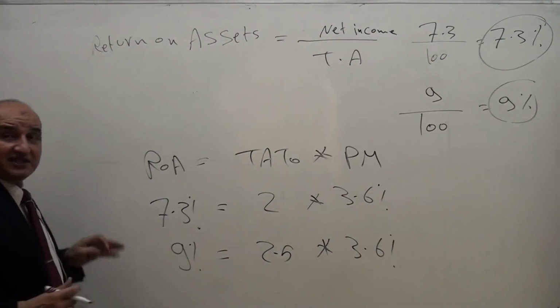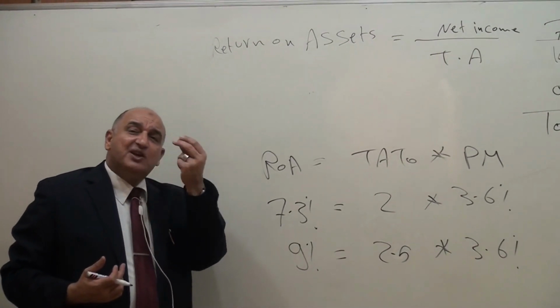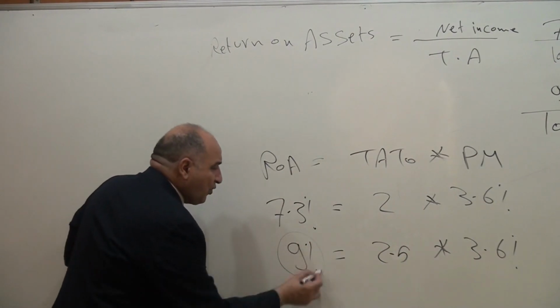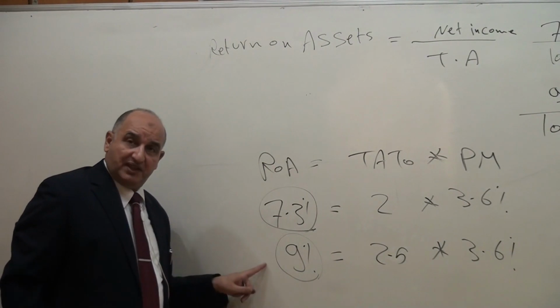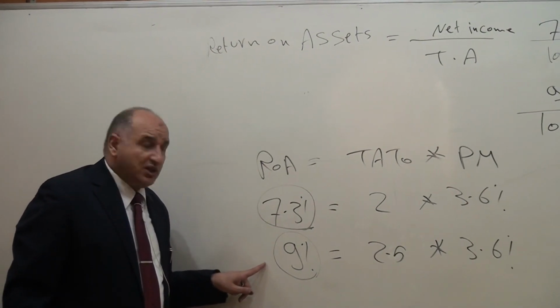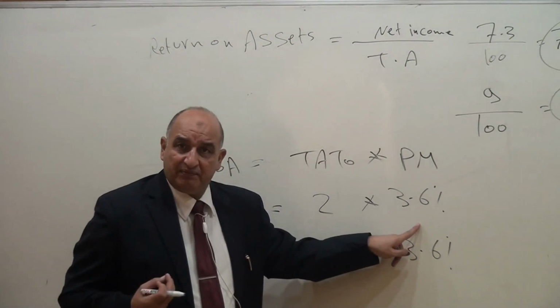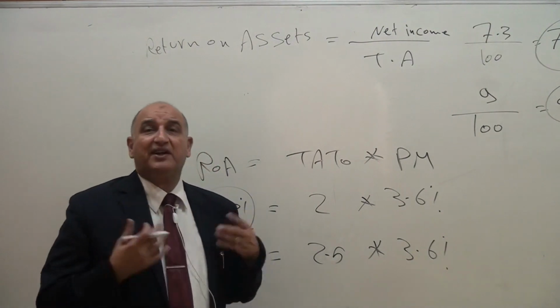So now, as a financial analyst, you can give a very good recommendation: our ROA, which is 7.3, is lower than the competitors', not because of our pricing system, not because of our profit margin, but because of marketing.